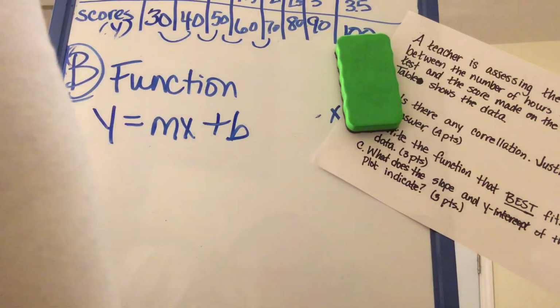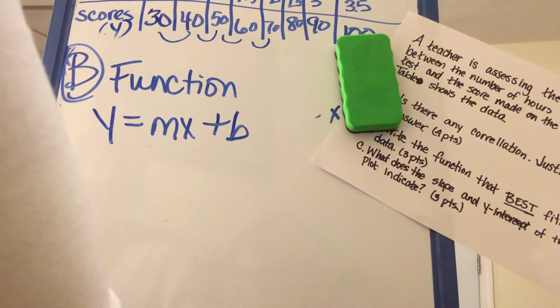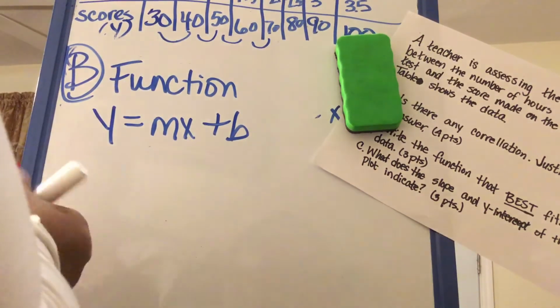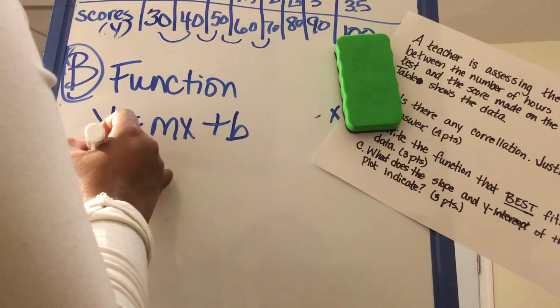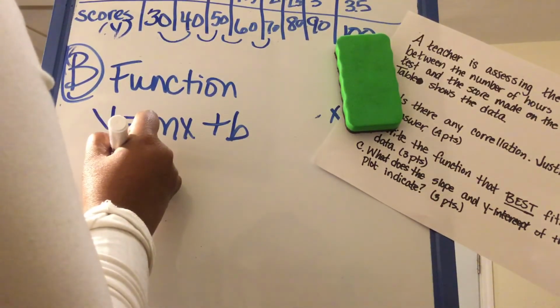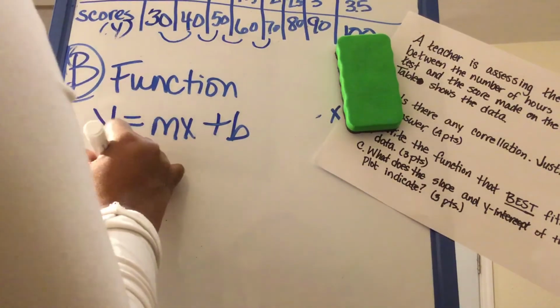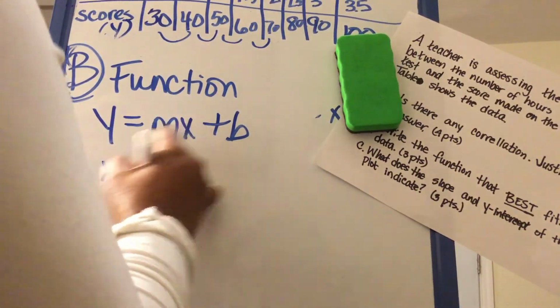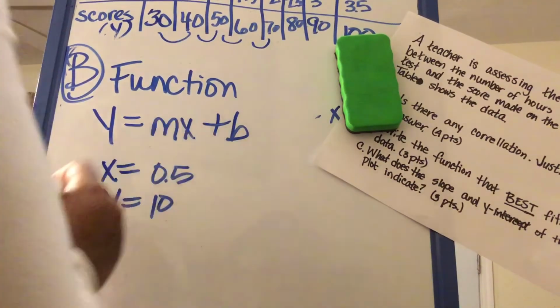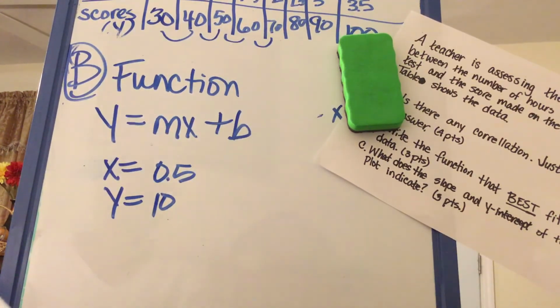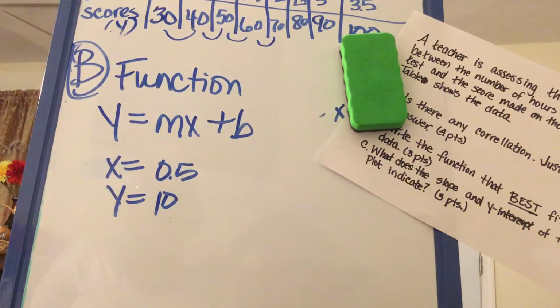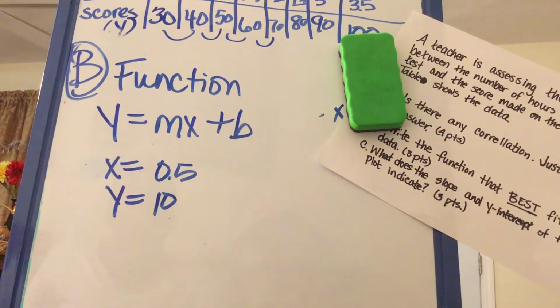All right. So we have 10. Okay, we have x equals what? 0.5. Y equals what? 10. So what we have to do is we have to find the slope and we have to find the y-intercept. But that's number 10. That's C. Y equals mx plus b. What would be a good function for this?